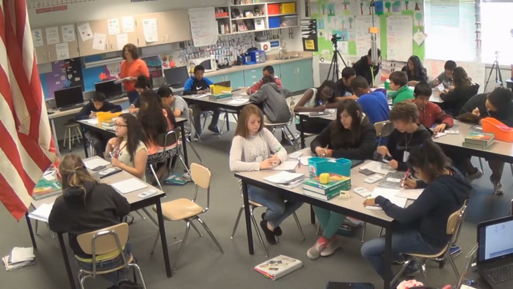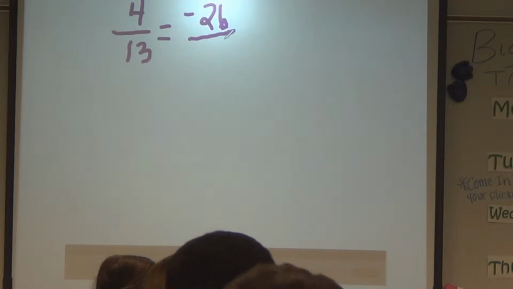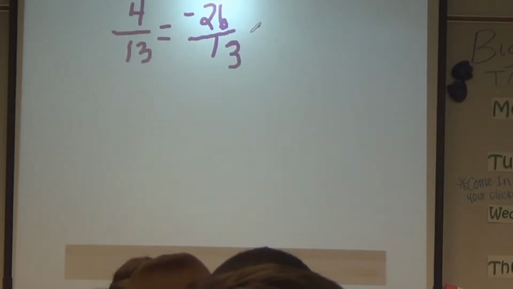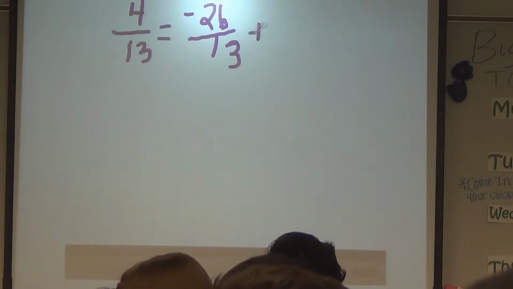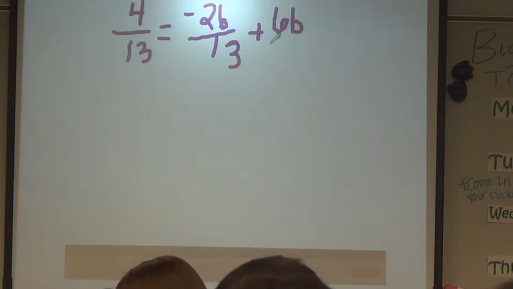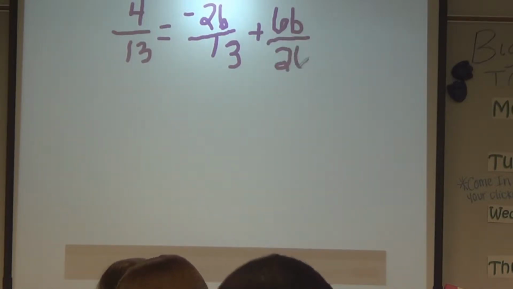That's a b, not a 6. Negative 2b. I'm still having trouble writing on this. And then divided by 13, plus 6b. That's a 6. That's a b. We had some problems first hour. Divided by 26. Maybe I should make a capital. Okay.